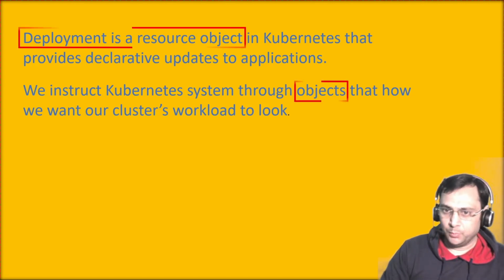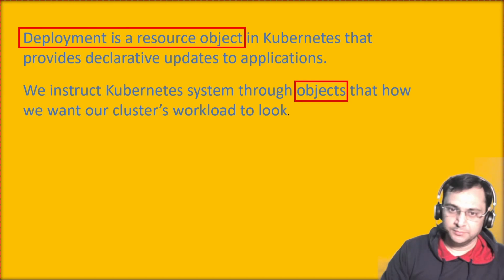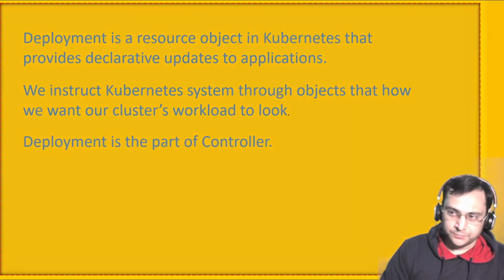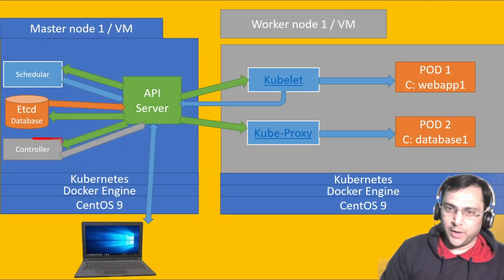Bear in mind that deployment is a resource object. Deployment is a part of the controller. We had already covered the controller function. Controller is a master component that continuously checks the desired state of objects which are created on the worker nodes through the API server.